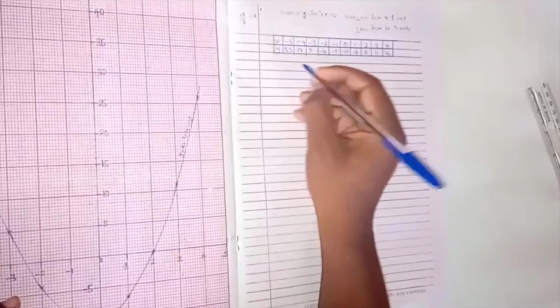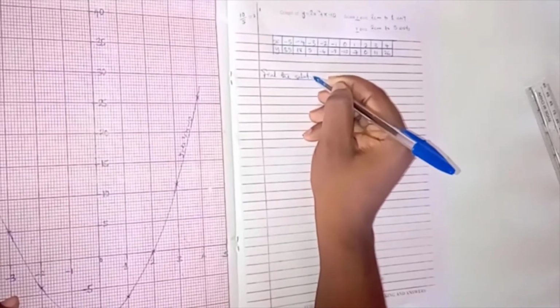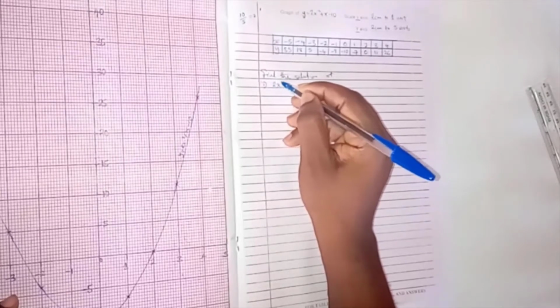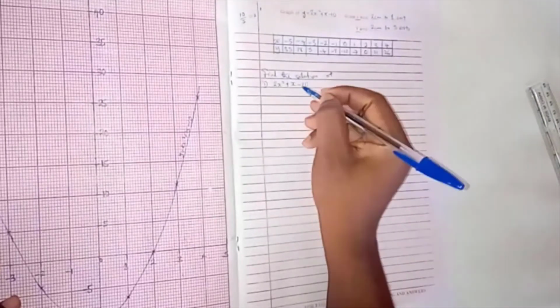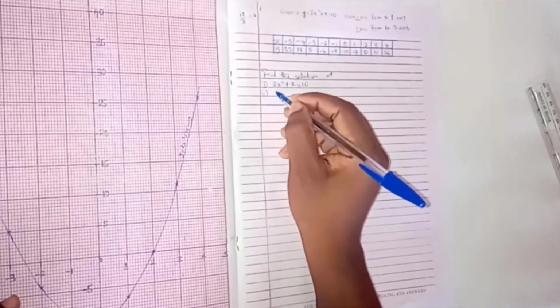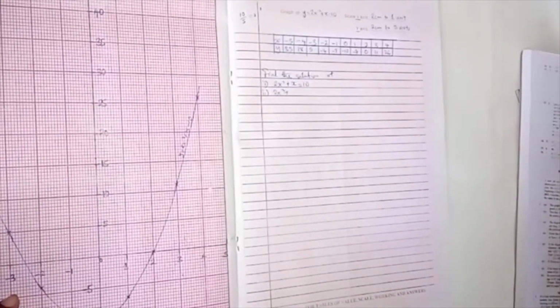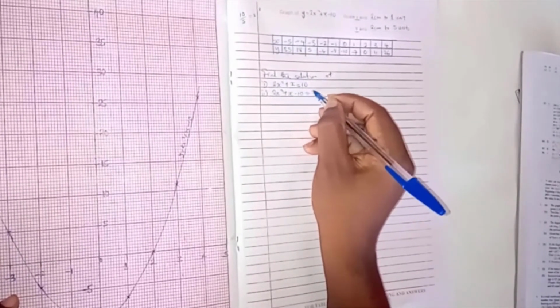Now in 11c, we have 11abc. 11c says use the graph to find the solution of, it says we should find the solution of 2x squared plus x minus 10 equal to 0, and 2x squared plus x minus 10 equal to 2x.